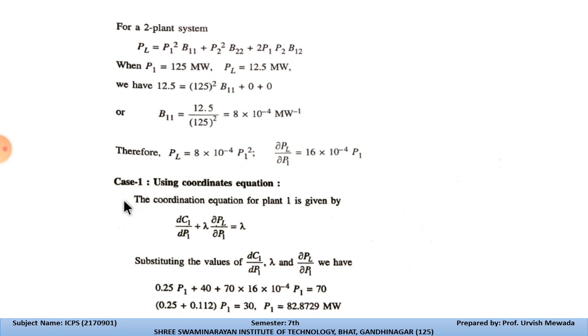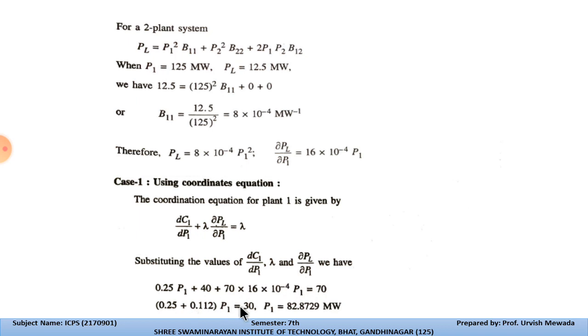We can determine this using del PL by del P1. So first is using the coordination equation. The coordination equation for plant number 1 is given as dC1 by dP1 plus lambda del PL by del P1 is equal to lambda. So substitute the values of dC1 by dP1, lambda, and del PL by del P1. After putting the values we will get 0.25 P1 plus 40 plus 70 into 16 into 10 raised to minus 4 P1 is equal to 70.